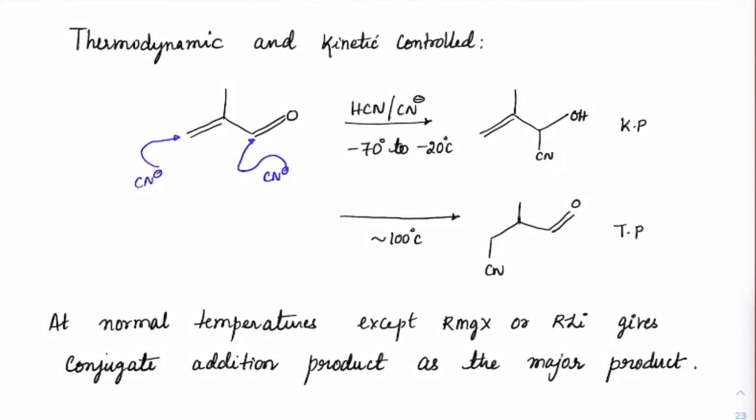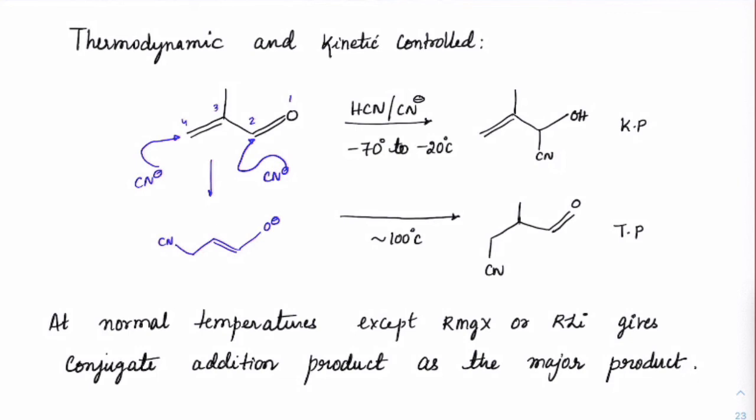So if you check the positions, this is 1, 2, 3, 4. CN minus is added on position 4, from O minus this H plus is added and the double bond will shift here. Let me show you that. So we will get this O minus, double bond shifted here, CN gets added here.